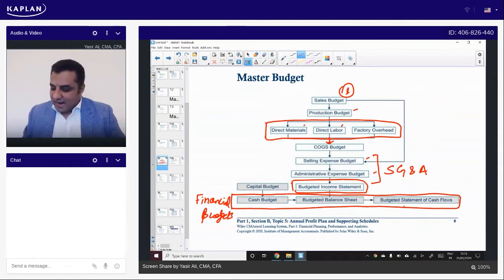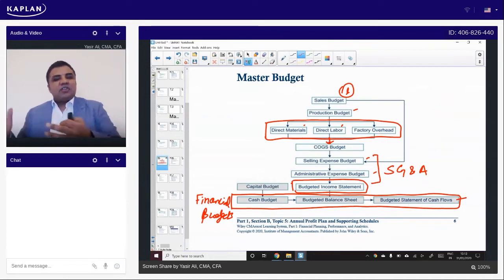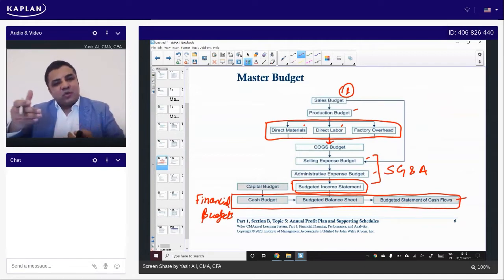And at the end, the last budget here is the budgeted statement of cash flows. So what is the difference between a cash budget and a budgeted statement of cash flows? Frankly speaking, there is little difference. It's just a formatting difference.